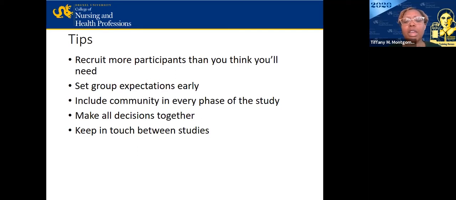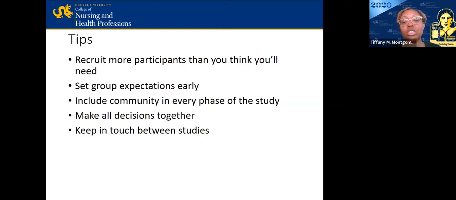And in a pure CBPR format, you are doing multiple studies over many, many years with members of the community. You don't want to just disappear in the middle of studies. You don't want people to think that you're only in relationship with them because you want to get something from them.